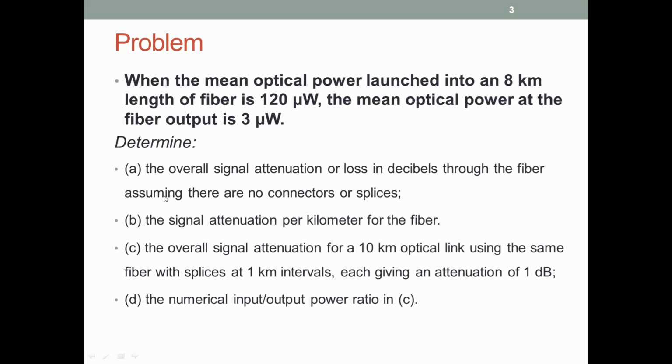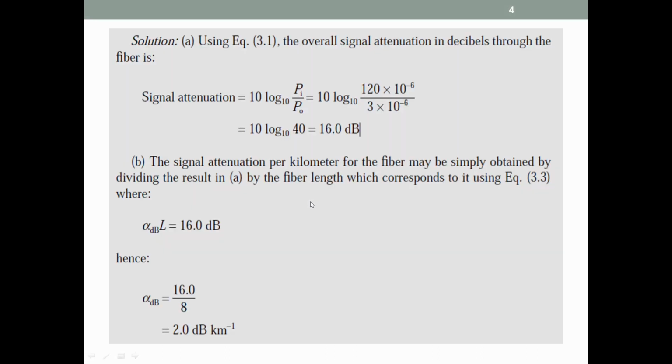Let us talk about the first one, the overall signal attenuation or the loss in decibel. As I told you, overall signal attenuation can be calculated using this formula: 10 log input power by output power. We have the input power as 120, output power as 3 micro. So this is the attenuation, that is alpha L, 16 dB for this overall length.